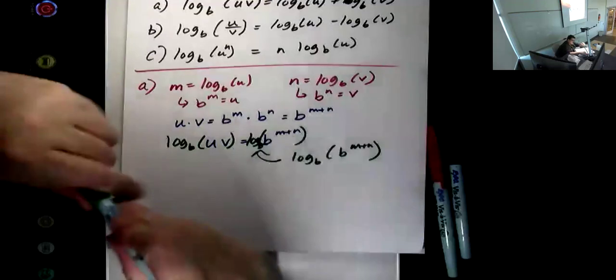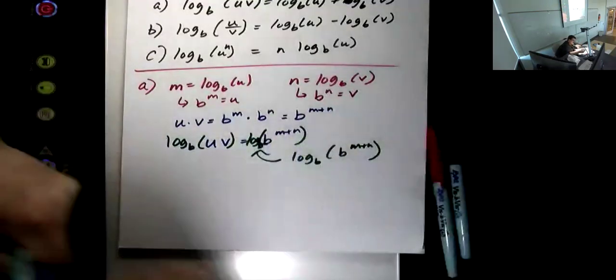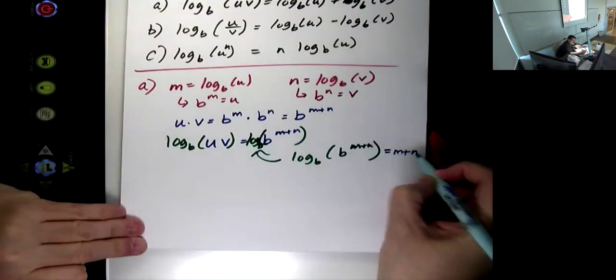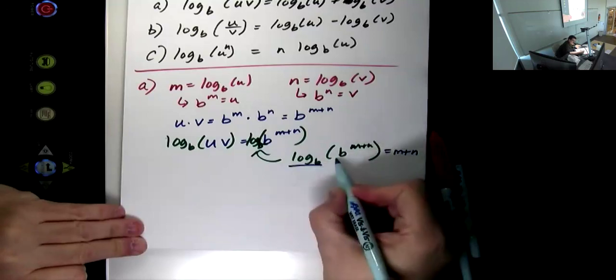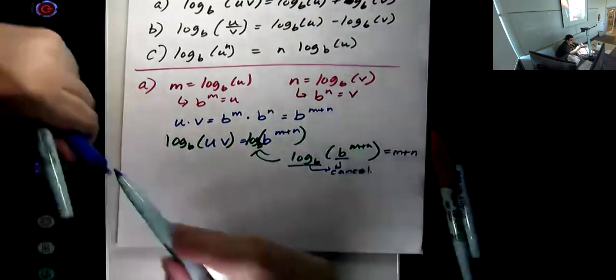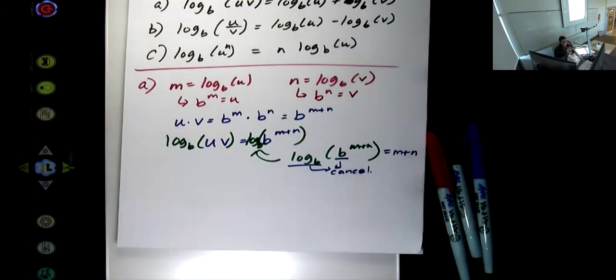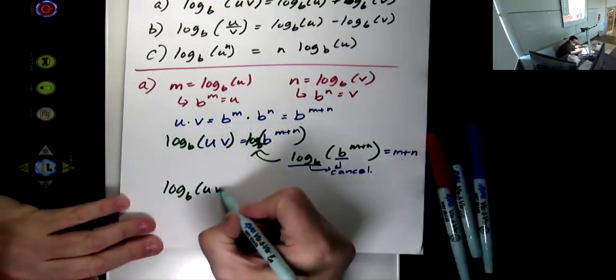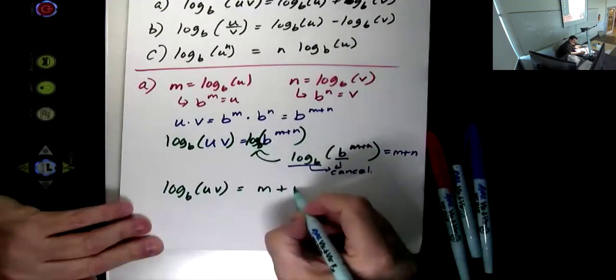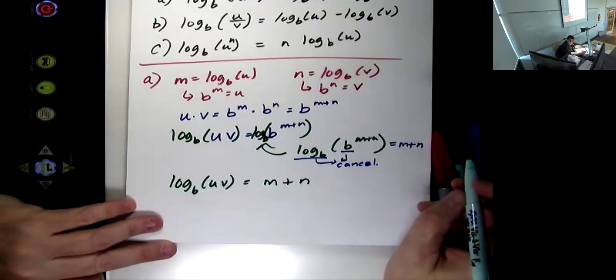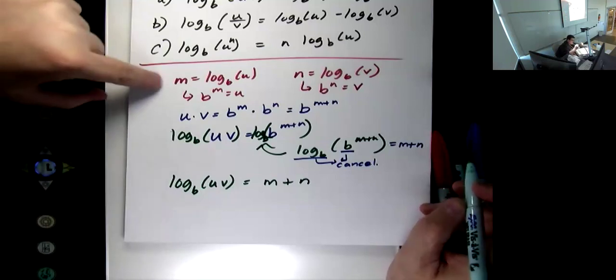Now, we have talked about this before, in 11.1 or 11.2. This value is just m plus n, because the log base b and the b cancel. With them canceling, the left side says log base b of uv, and the right side just says m plus n. But we defined m and n up here.